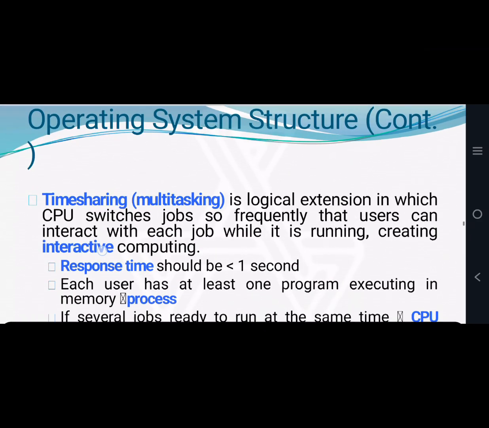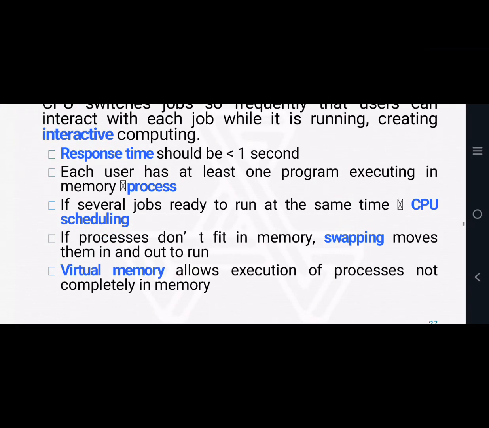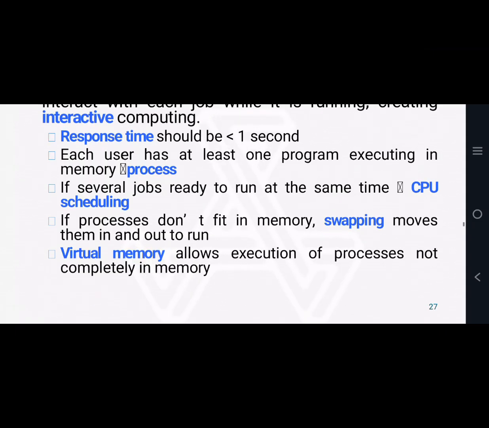Time sharing, or multitasking, is a logical extension in which the CPU switches jobs so frequently that users can interact with each job while it is running, creating interactive computing. Response time should be less than 1 second. Each user has at least one program executing in memory: a process.